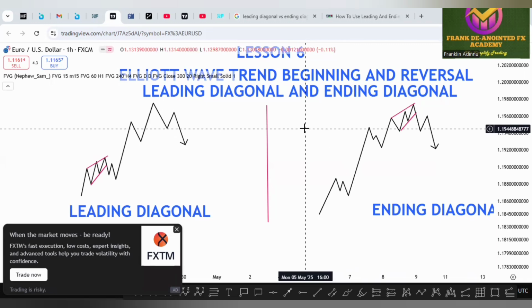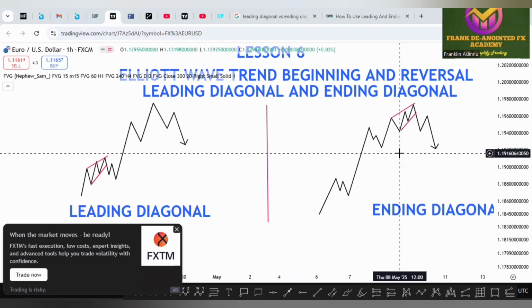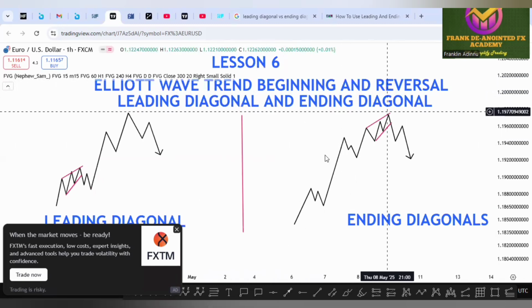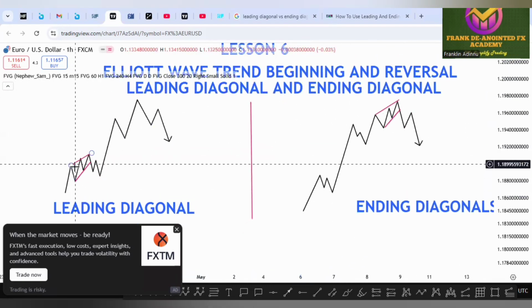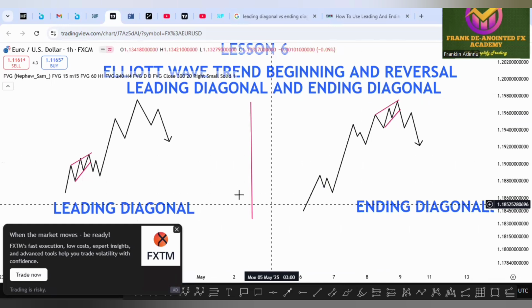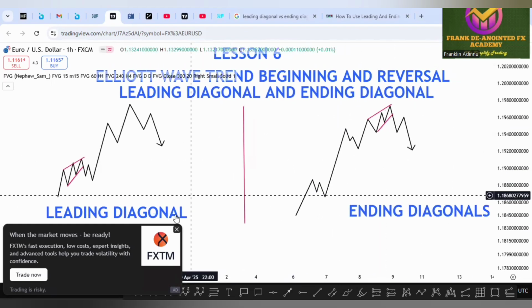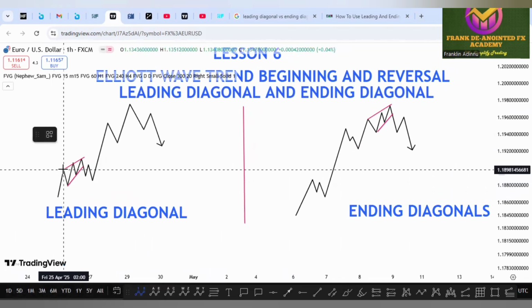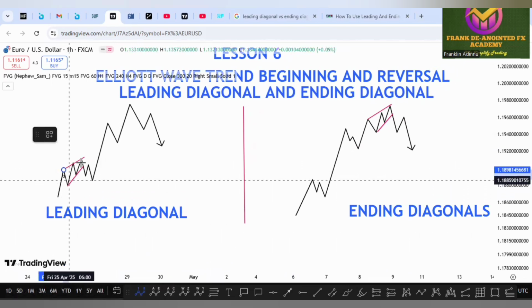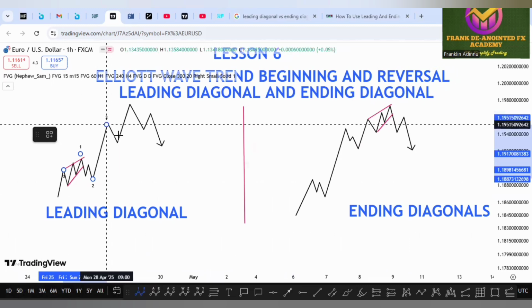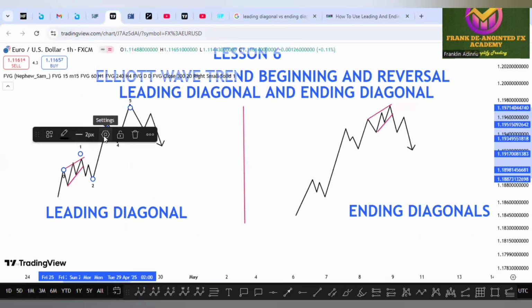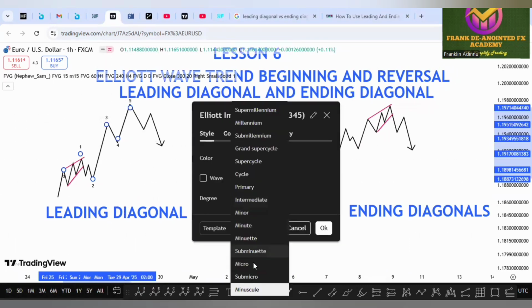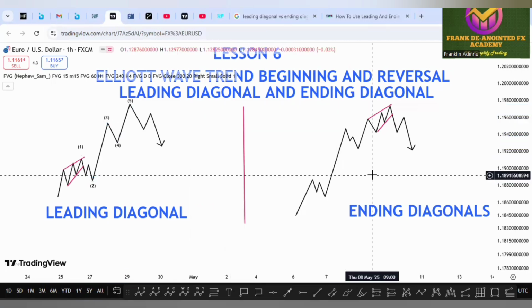The leading diagonal is used to mark the beginning of the trend, and the ending diagonal is used to mark the ending of a trend. So that is why you see it as Elliott wave trend beginning and reversal. For you to know when the trend is ending and when the trend is beginning, you will have to deploy your knowledge about leading and ending diagonal.